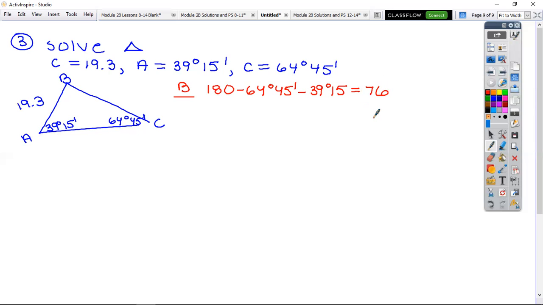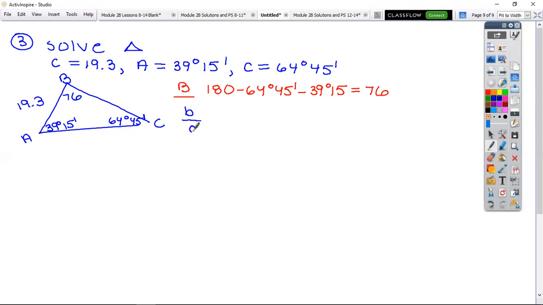All right, so next, we are absolutely going to have to do law of sines now. Why don't we find little b? So I am going to go little b next.